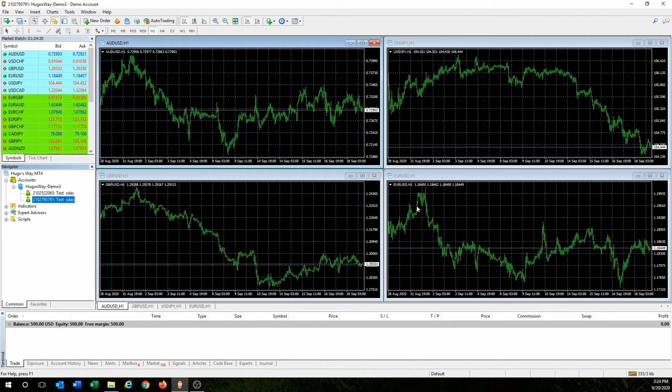When we hit login, down here on the bottom right, as long as we see some numbers here, and it says connection status, that means that we have a connection. Also when you click on this little trade tab here, if you see a balance here, that means we are connected to the trading platform and everything is good. Okay, so that's step one.